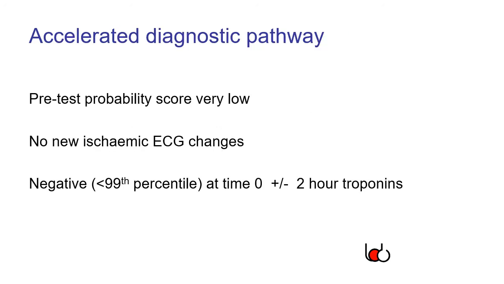So the essential components of the accelerated diagnostic pathway are firstly clinical context, with a very low pre-test probability score, secondly no new ischemic ECG changes, and thirdly negative troponins, that's less than the 99th percentile at baseline and 2 hours.